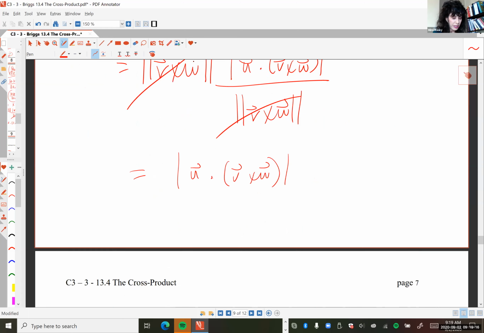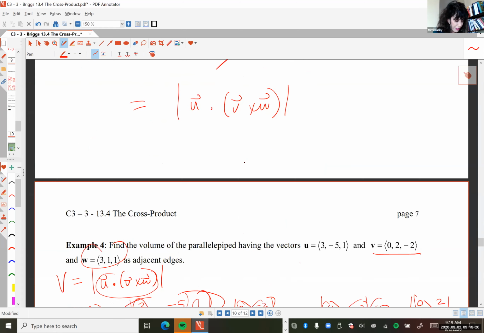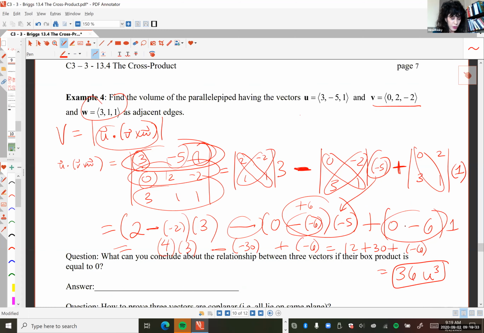Now, when you do the 3x3 determinant, let's say like I did, you would have the vectors just in a different order. You might have the V, then the W, and then the U be the bottom row. But any way you slice it, you're still going to get a value. Now, I want to warn you, when you move around the rows, this value 36 might get negativized.